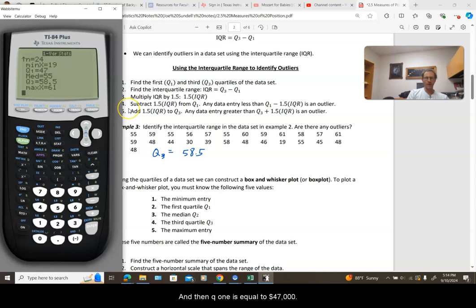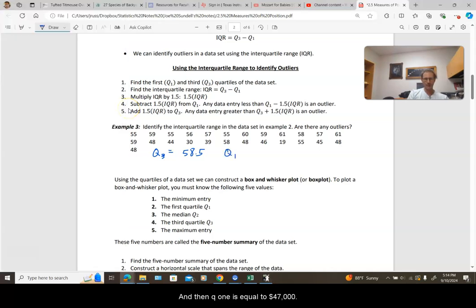And then Q1 is equal to $47,000. So the interquartile range is going to be Q3 minus Q1. If I subtract those, I believe I'll get 11.5.